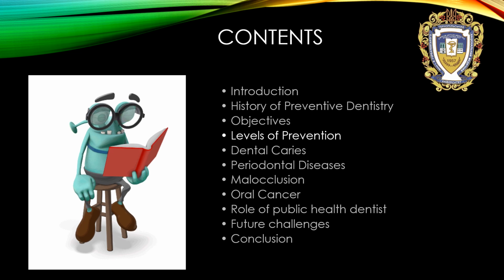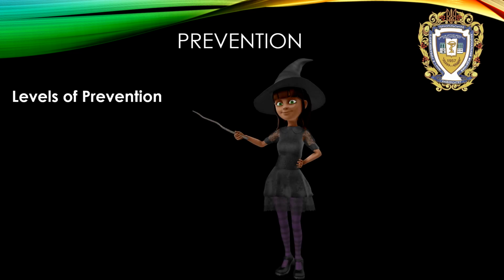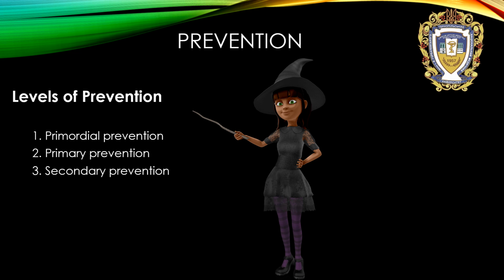Next chapter of this part of our lecture, levels of prevention. Prevention has next levels. First of all, primordial prevention. Next level, primary prevention. Then, secondary prevention. And, yes, you're right, tertiary prevention.